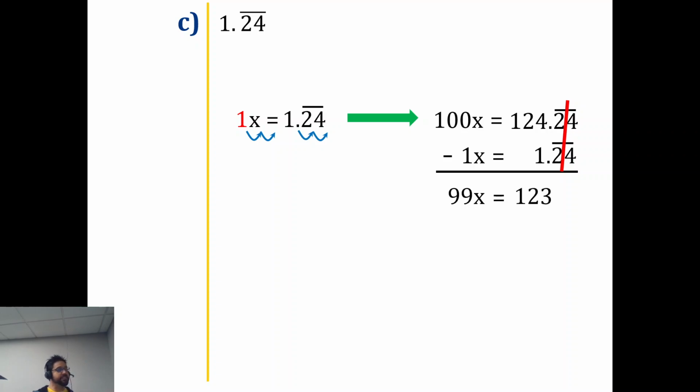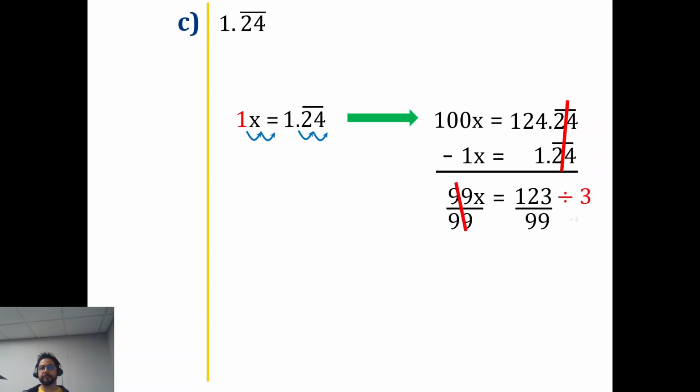Please be very careful at the very end, though, and ask yourself, can I reduce 123? Can that reduce to become a smaller number with the 99? And we actually have been practicing our divisibility rules in class. 123, can that be divided by a 3? Let's see, if I added them up, 1 plus 2, adding the digits, I should say. 1 plus 2 is 3, plus another 3 is 6. 6 can be divided by 3, which means 123 can be divided by 3.